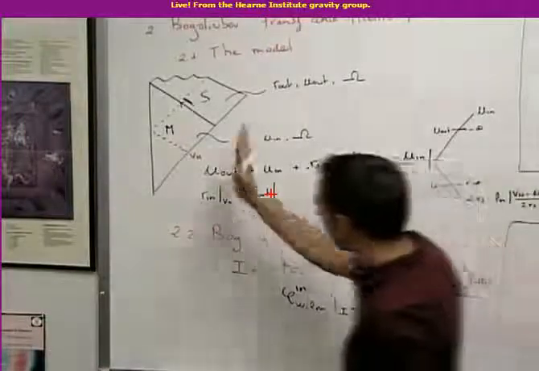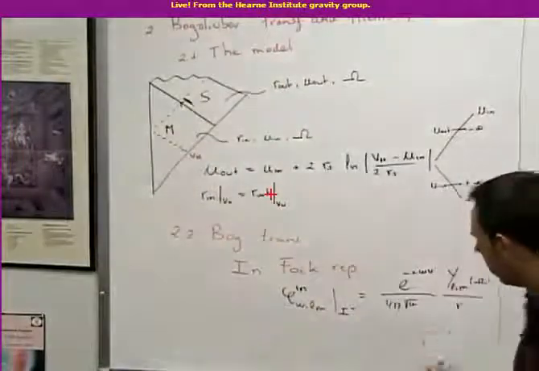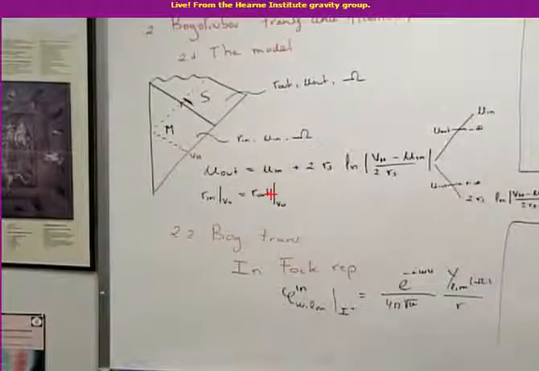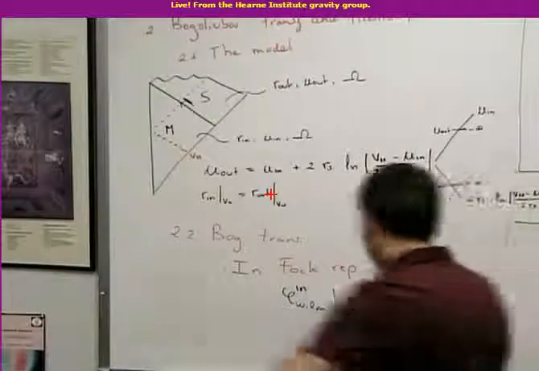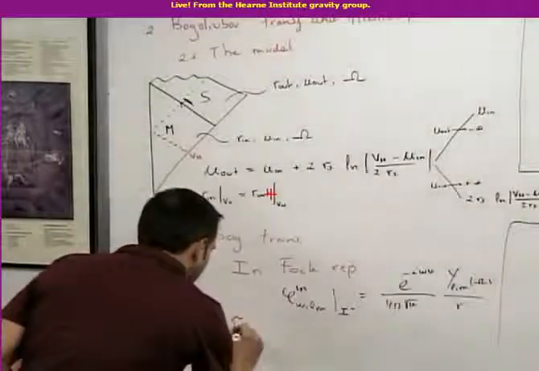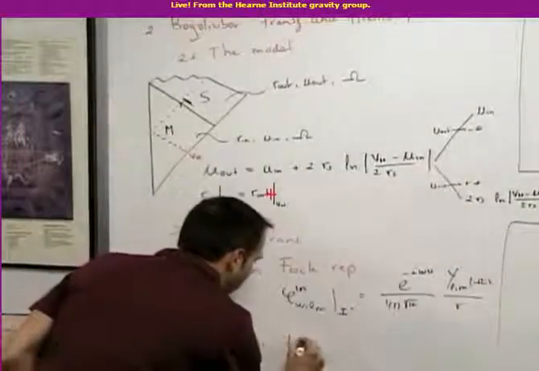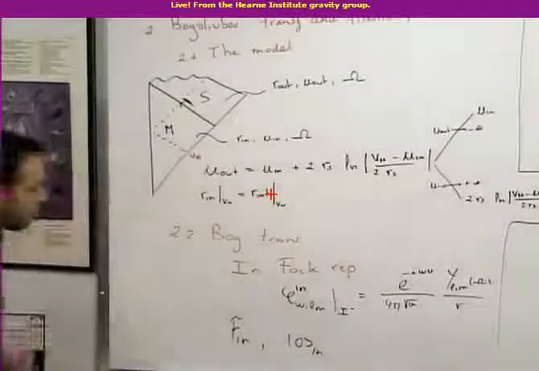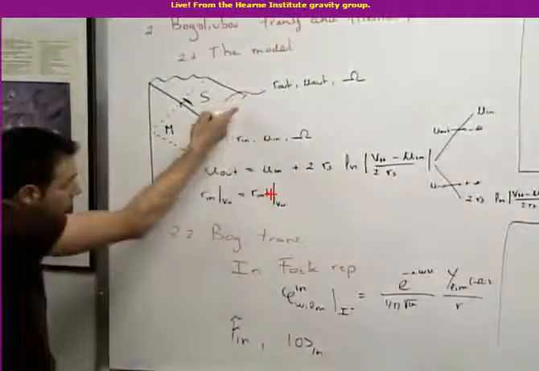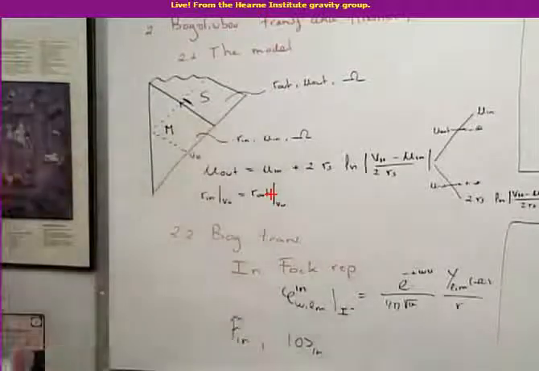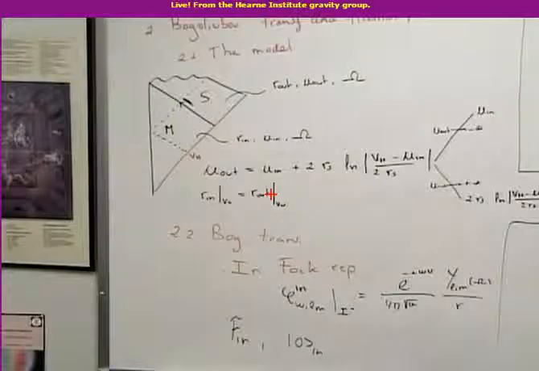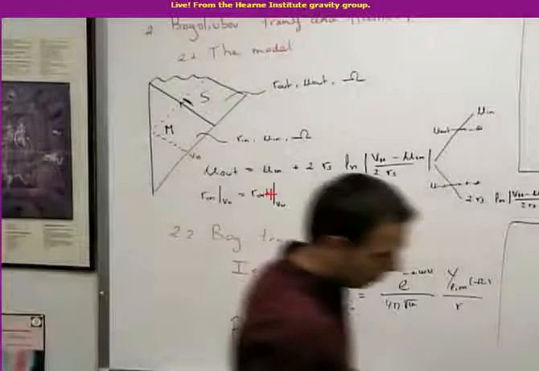If they are normalized initially, they are normalized forever because the wave equation preserves them. With this, we define the in Fock space and the in vacuum. The in vacuum is the state having no quanta in the infinite past, where the space-time is like Minkowski. So this agrees with the Minkowski vacuum.